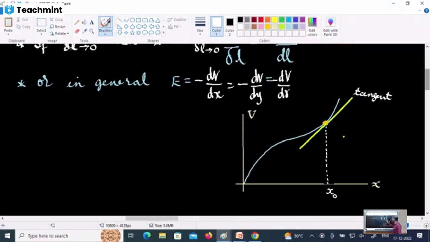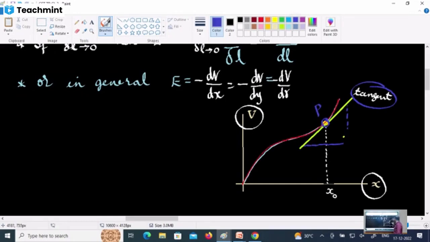Suppose you draw potential at a given point along the vertical axis and distance along the horizontal axis, then let us say the graph of V versus X is like this. Then you mark a point here. Draw a tangent over there and find the slope of this. You know how to find the slope by now. You have done several experiments in physics where you have to find the slope of the tangent.